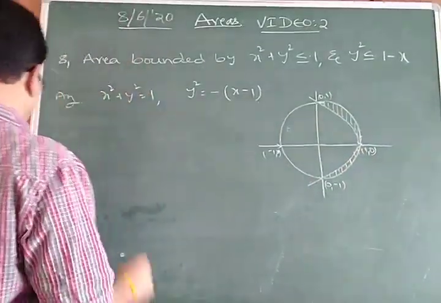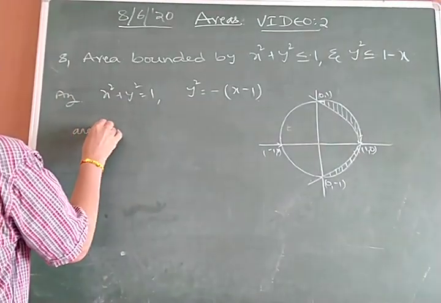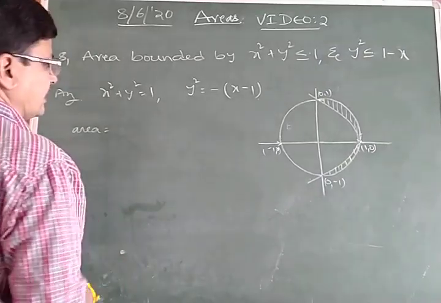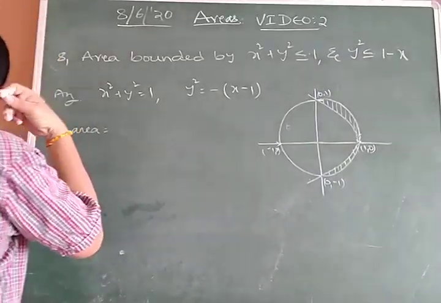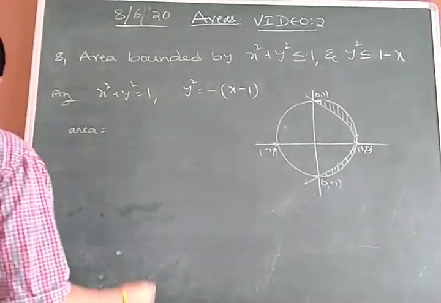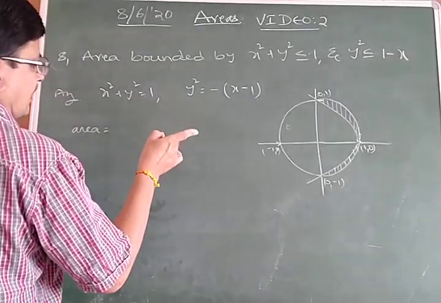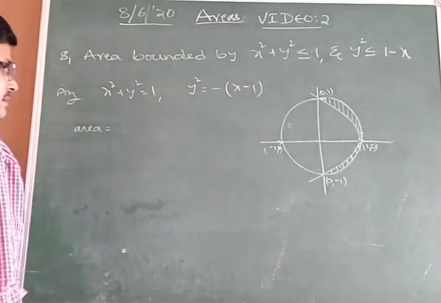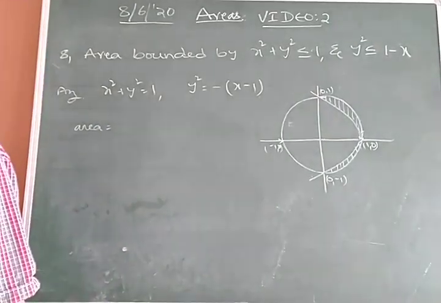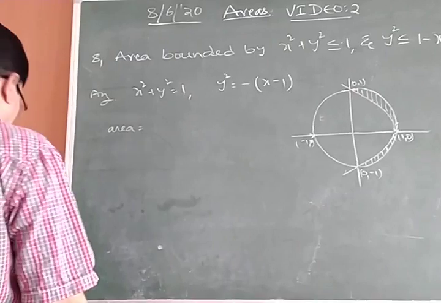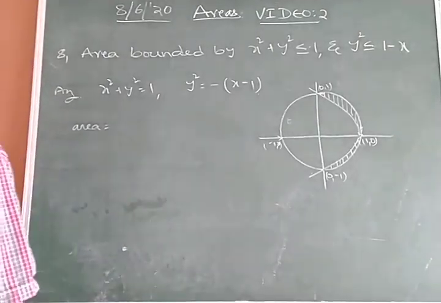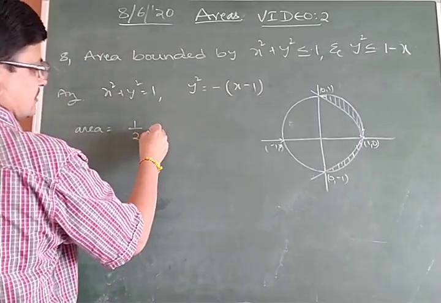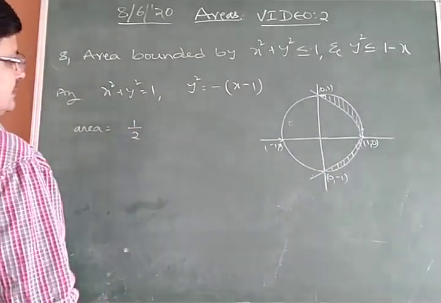So the required area is 2 into, required area is area of a circle minus area of a parabola. So we take 1 by 2 into area of a circle.